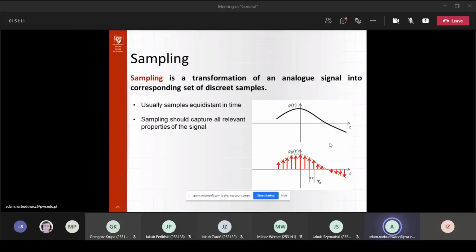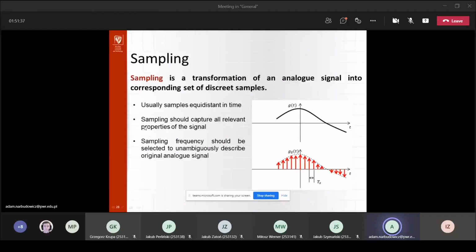What is important here is that we still have continuous possibilities for the amplitude of each sample. For the time being, with sampling we just move the time from continuous towards discrete sets.